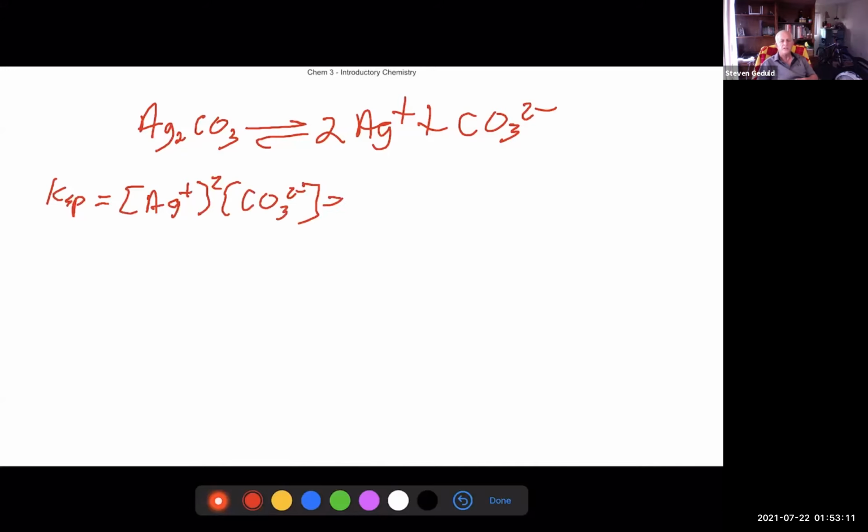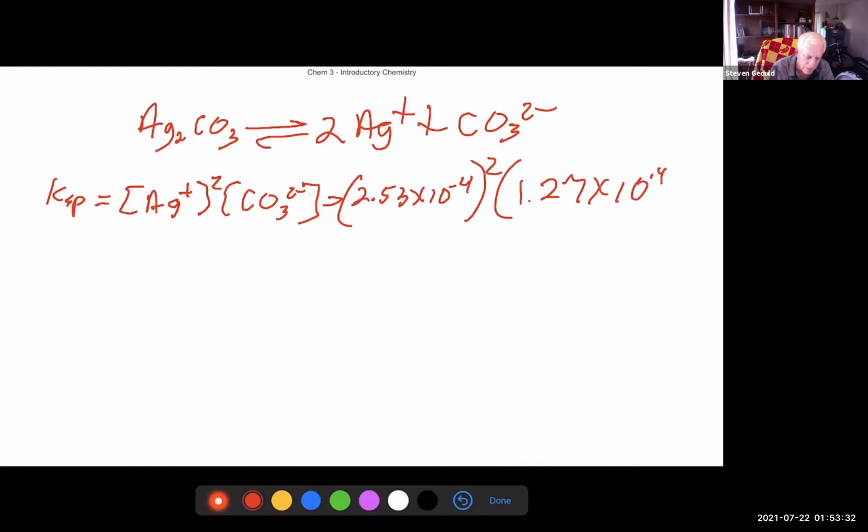The silver ion concentration is 2.53 times 10 to the minus 4, squared, times the concentration of carbonate, which is 1.27 times 10 to the minus 4. Okay, so for the solubility product, just multiply those together, right?